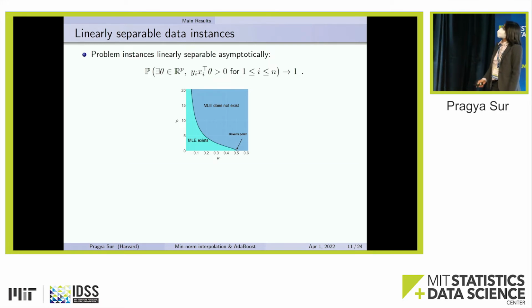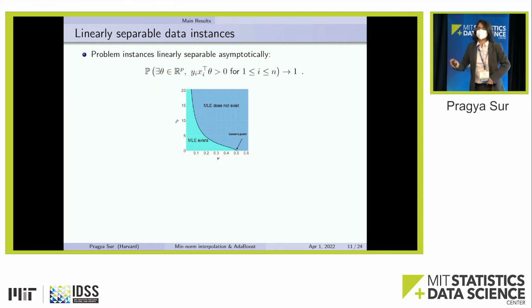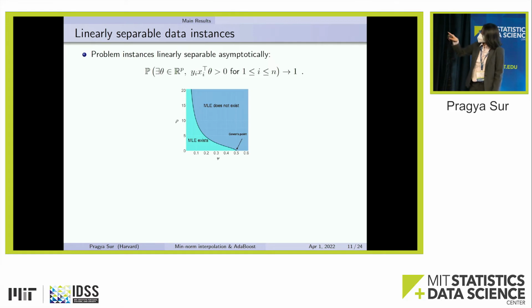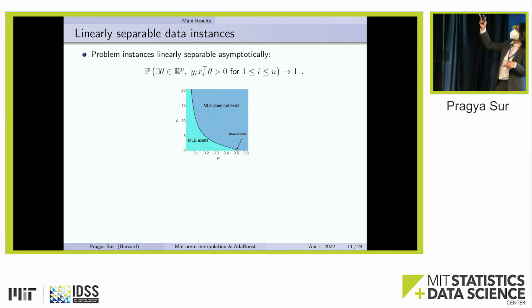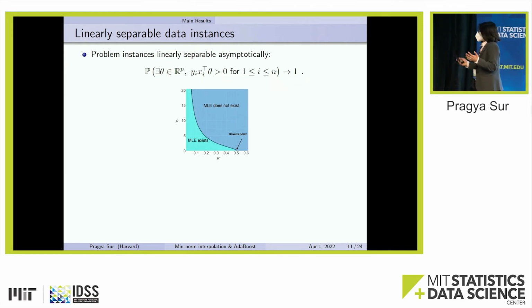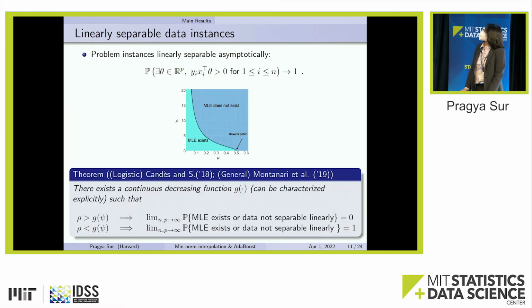If I just show you the picture here, depending on the signal-to-noise ratio, that is rho, and the over-parameterization ratio, that is psi, with the SNR on the y-axis and the over-parameterization ratio on the x-axis, there is an exact phase transition curve such that above the curve, the data is going to be linearly separable, and below it's not. This is also tied to maximum likelihood theory in these models, but for this talk, that connection is unimportant. The important thing is we're just going to be above this phase transition curve for today's talk.